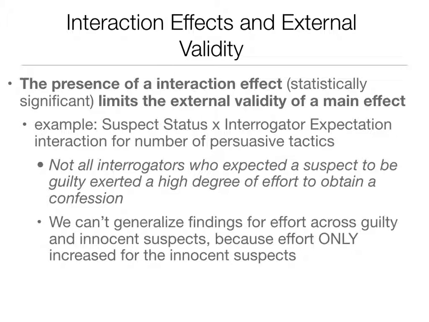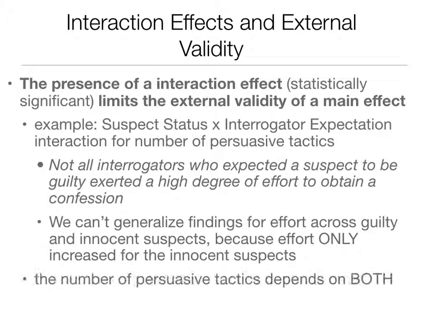So we won't be able to make a blanket statement about suspect status on that dependent variable. We won't be able to make a generalized finding about interrogator expectation on that dependent variable because we have an interaction. So basically, what an interaction does is it sort of trumps those main effects for that dependent variable.